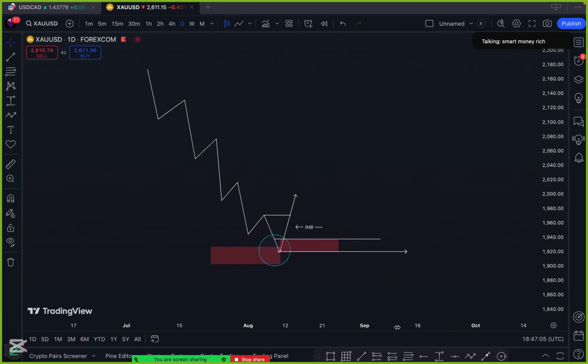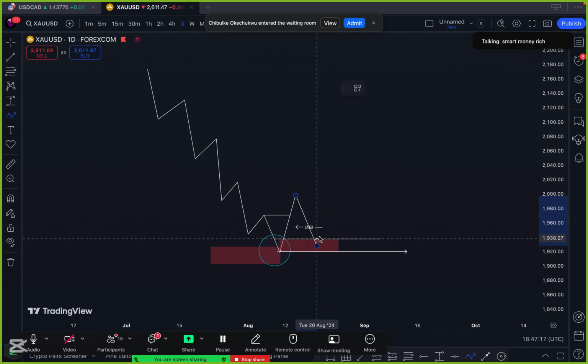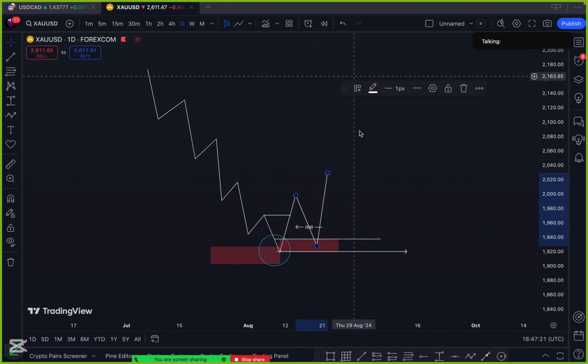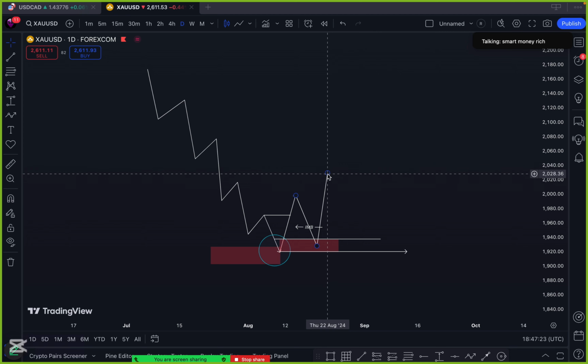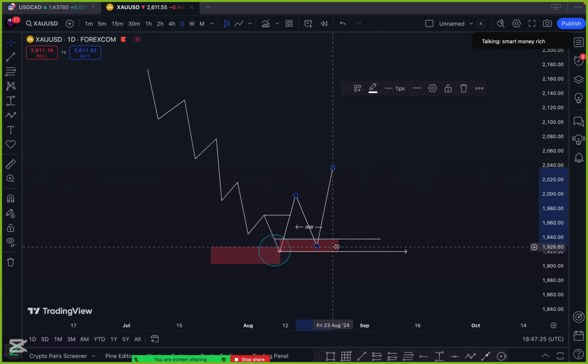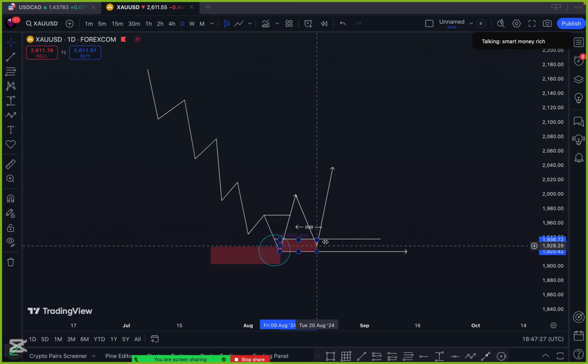Once the market returns back to this level here, to mitigate that demand, the smart money traders will start to stack more buy positions to take price higher.